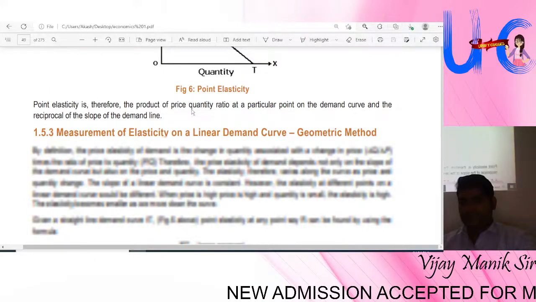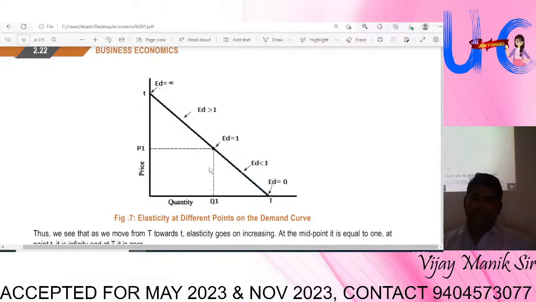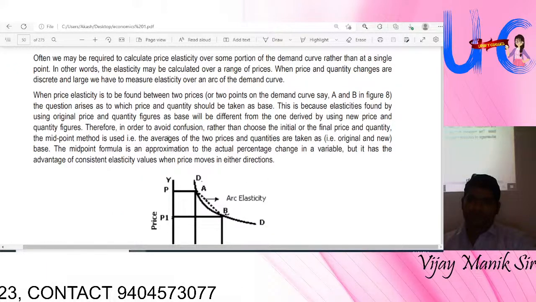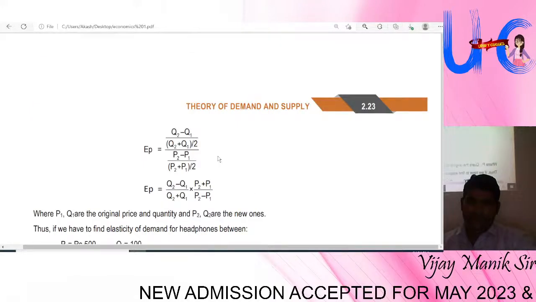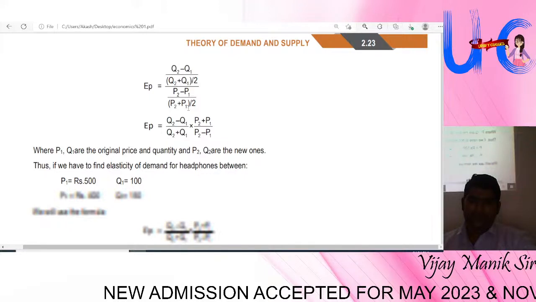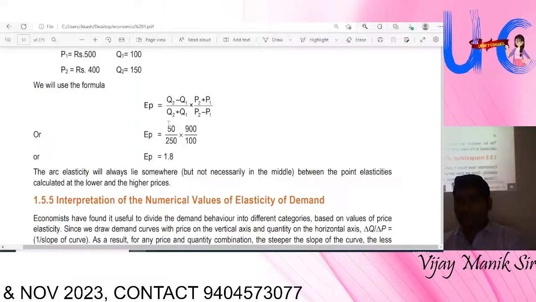Then you have to apply here in this figure. Equations are also given here. Equations can be also asked in the exam. Okay, you have to prepare that.